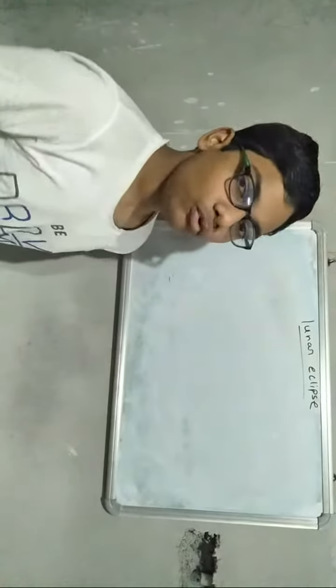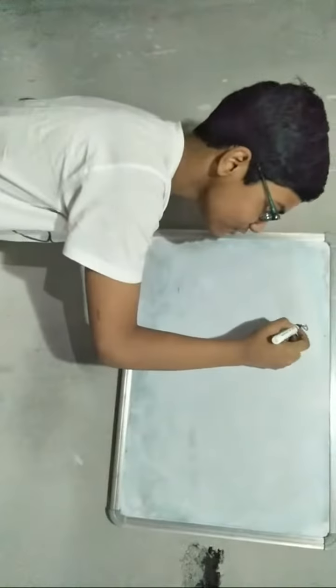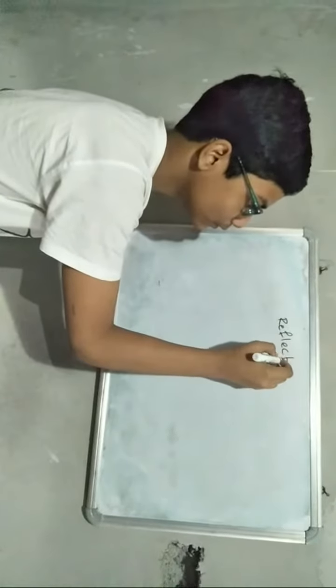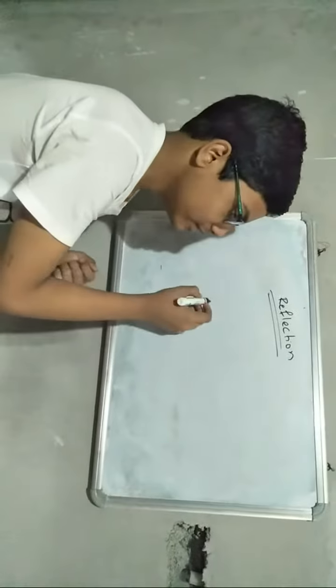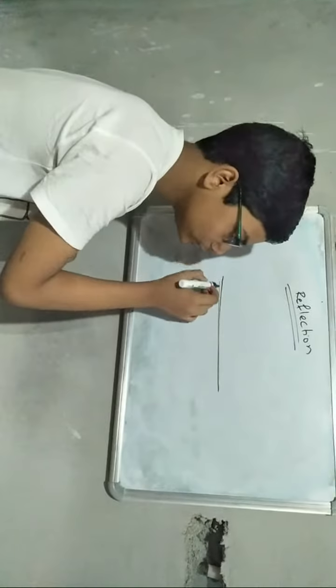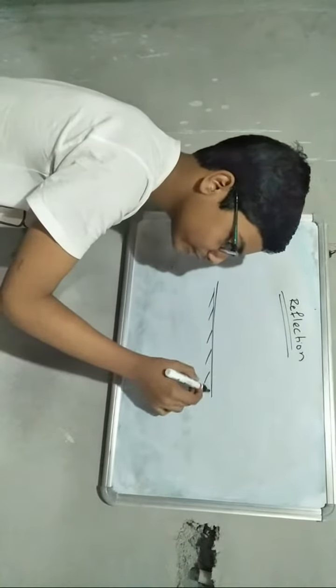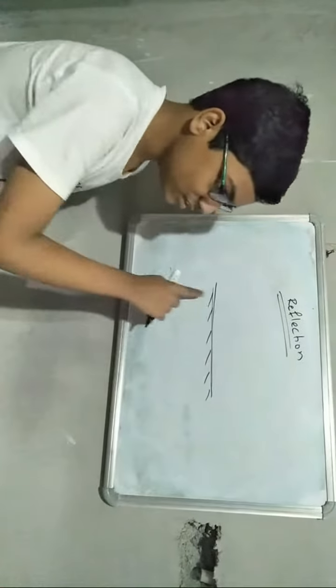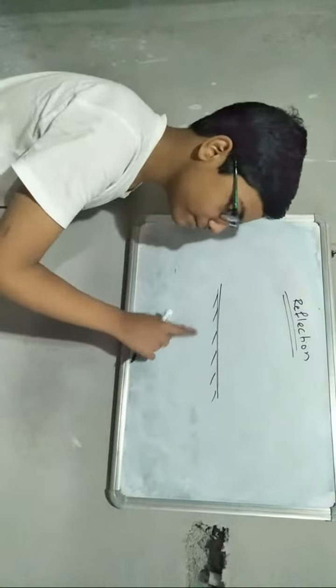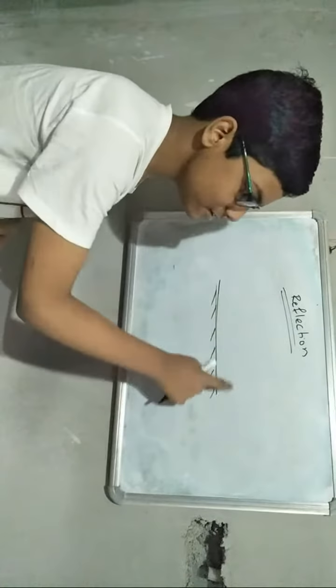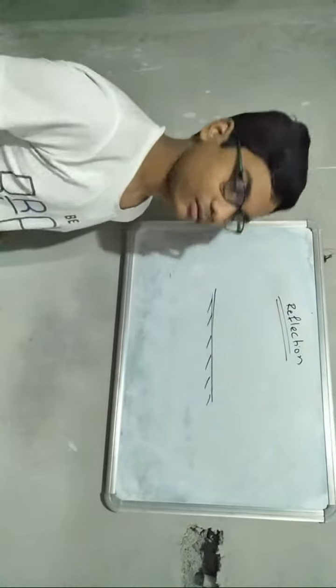There is a term known as reflection. Now what is reflection? If we draw a plane mirror, and these lines I have given denote the backward side of the plane mirror, because the plane mirror is drawn here horizontally.